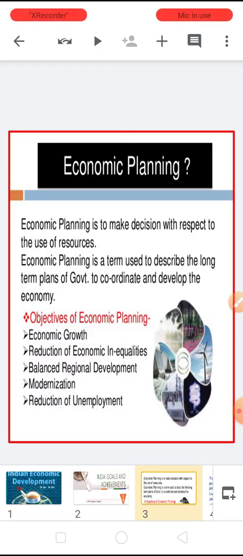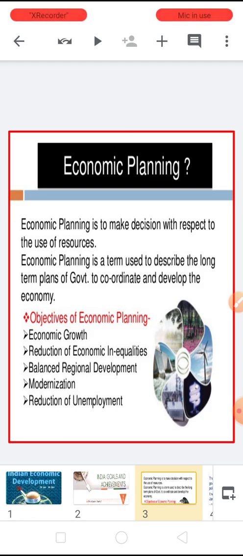Children, in the previous chapter we have learned that on the eve of independence, India's economy was completely undeveloped. So after 200 years of British rule and their continuous exploitative policies, India finally got freedom from the Britishers on 15th August 1947. Now it was very necessary to reconstruct the backward and stagnant Indian economy into a developed economy.